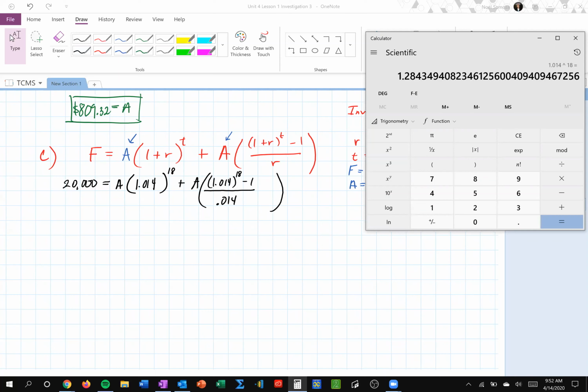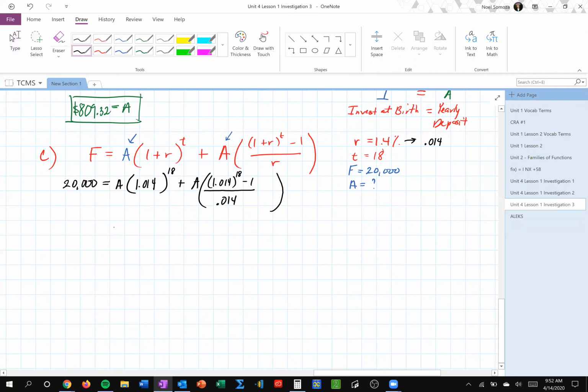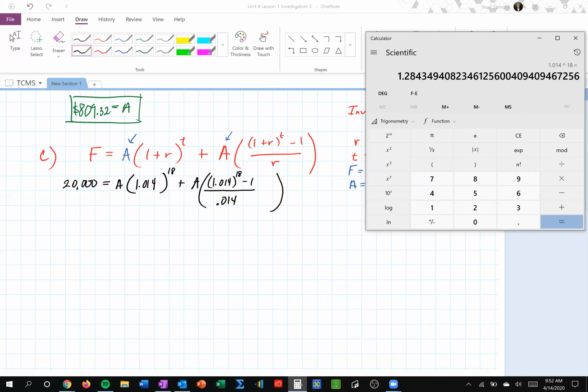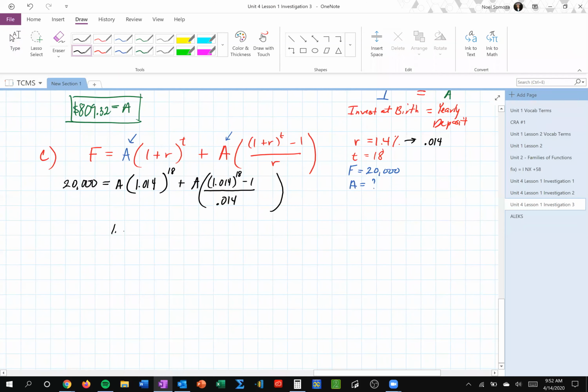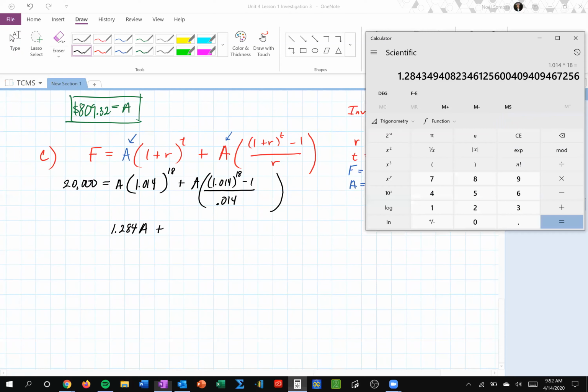We're going to have to round this off a little bit. Let's try 1.284, that should be fine. So 1.284 times A plus, and now we do the same thing to the expression inside the parentheses.